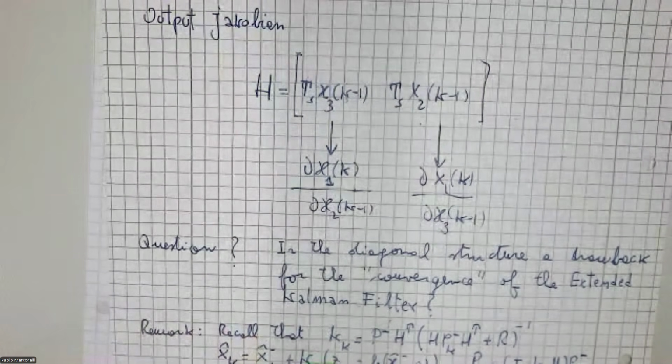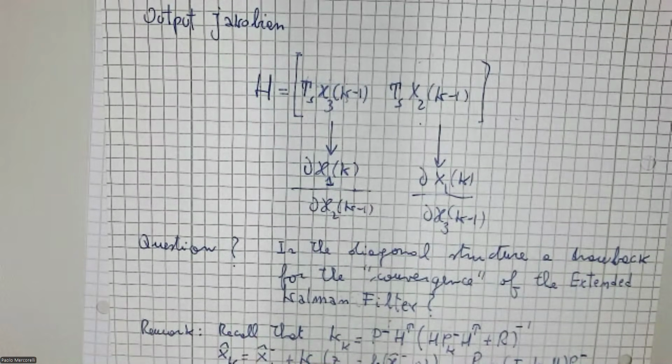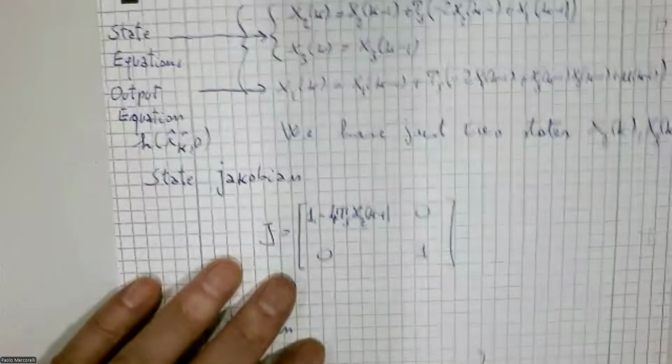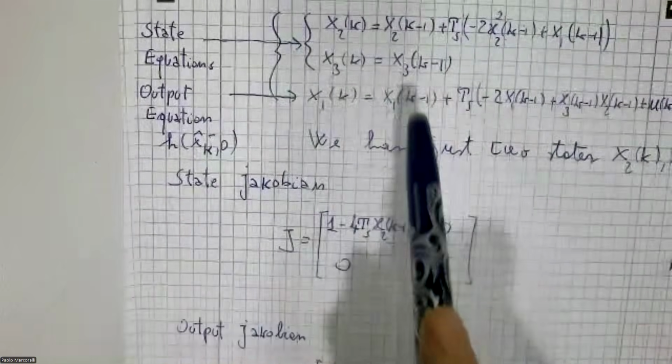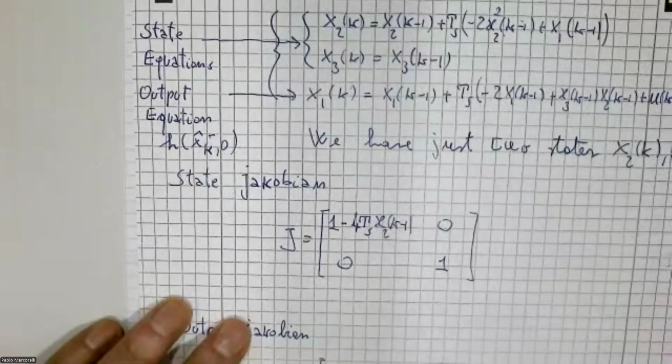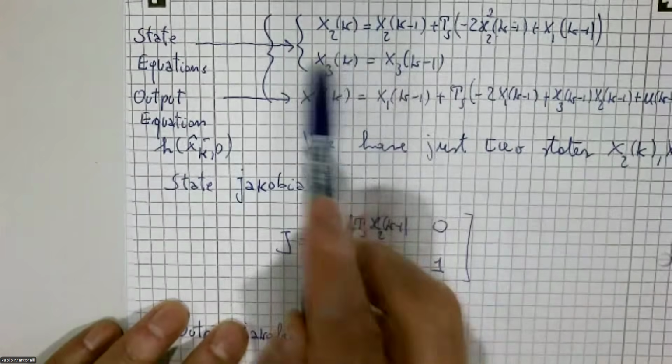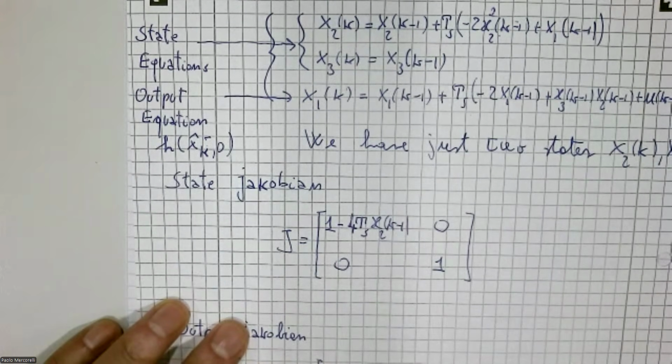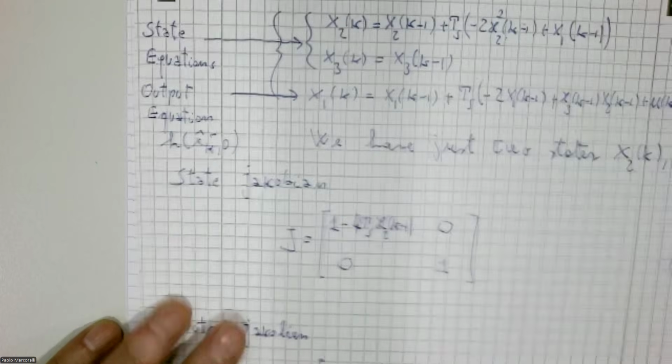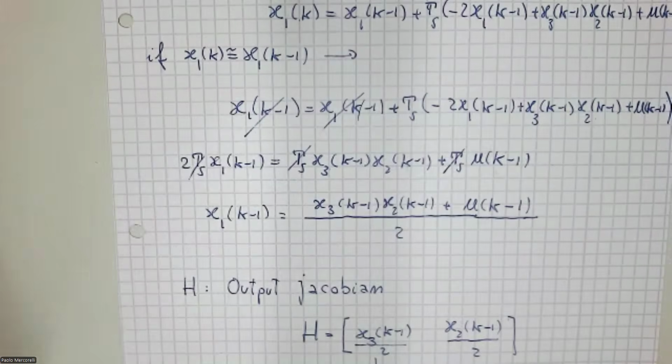But we will see when, in any case, it could be applied. And I would like to invite you to do, if you want, the more natural way to represent an output. But in any case, let me go ahead.